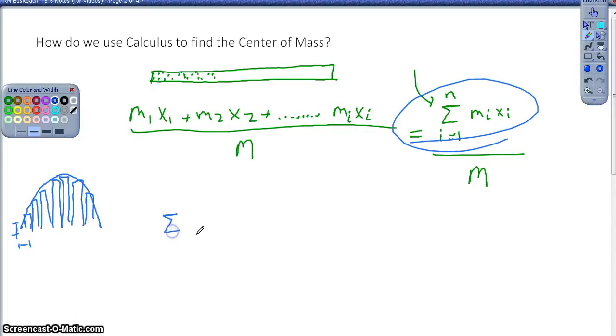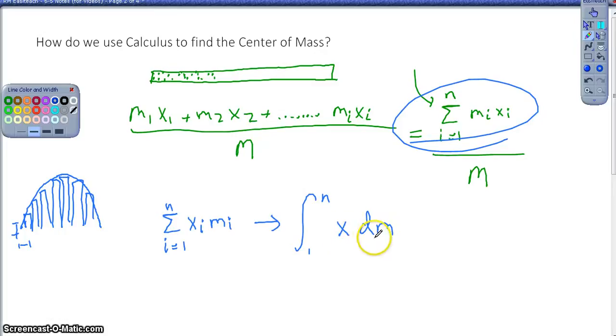As a side note, when I go from i equals 1 to n of x_i m_i, what that really translates to is the integration from 1 to n over my position function. How this translates is it's x times dm, where dm is the change in mass per position.